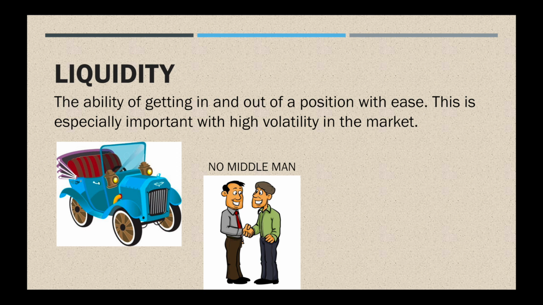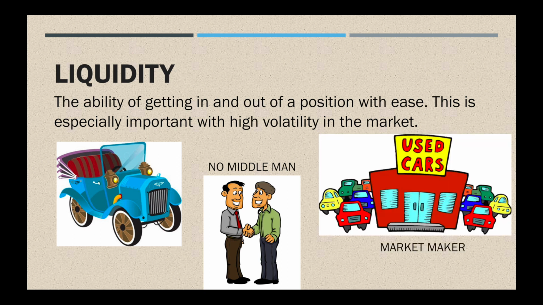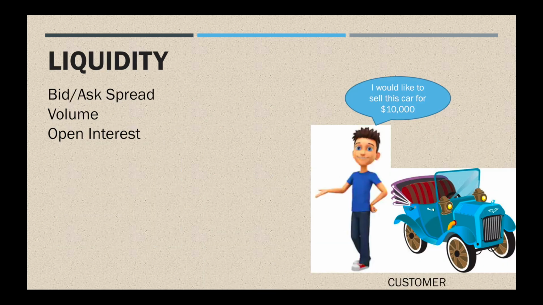What's the other option that we have? If you want to generate some cash by selling this car today and you don't have any buyer available, you have another option. And that option is called going to the market maker. In this case, the market maker will be a car dealership. So you may go to the car dealership and tell the guy who runs the dealership, I want to sell this car to you and I want $10,000.